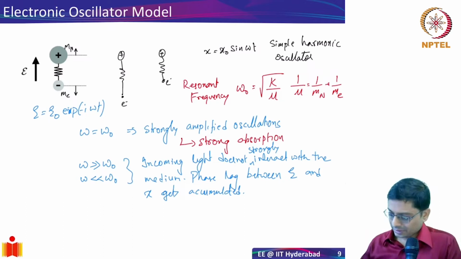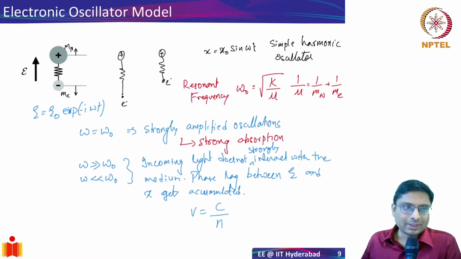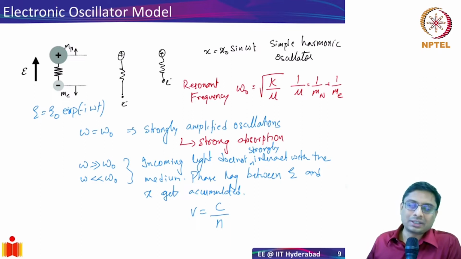So the light propagation in this medium, let's say the velocity, now becomes c by n, essentially telling you how much, on average, the phase lag is that is accumulated.